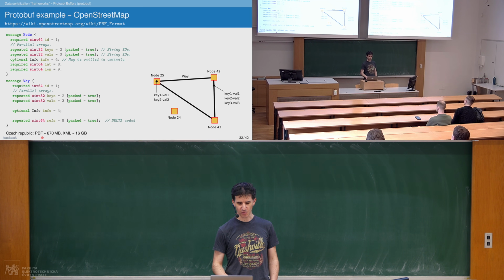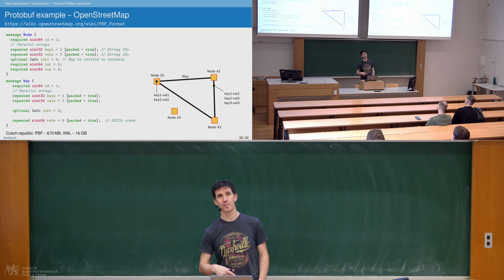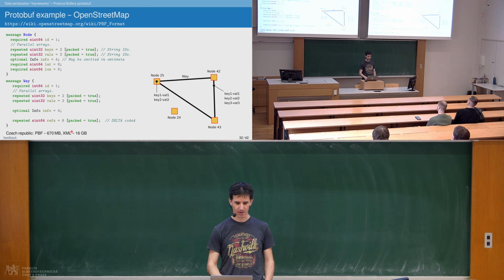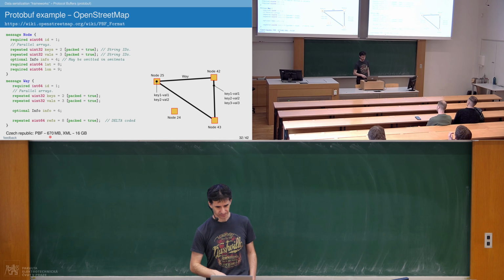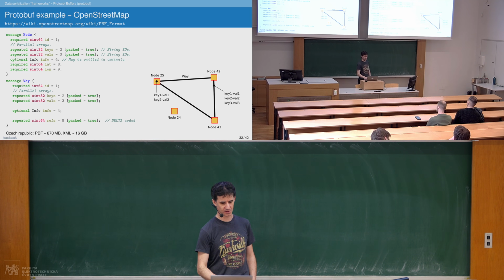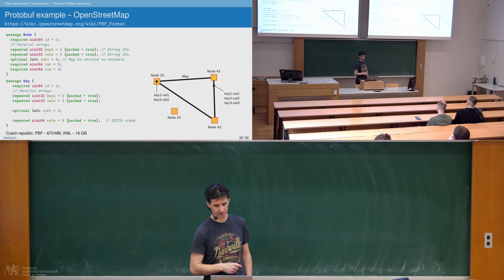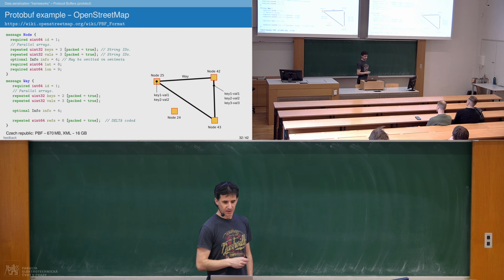Here you can see the comparison of the size of the map of the Czech Republic when you download it in XML or protocol buffer. XML was 16 gigabytes, protocol buffers was 670 megabytes, which is significantly smaller.